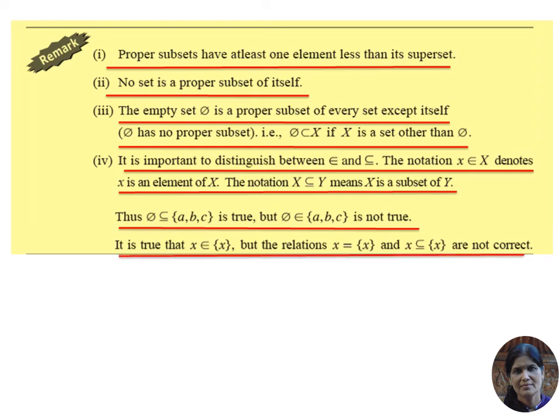It is true that x belongs to the set {x}, but the relations x is equal to the set {x} and x is a subset of the set {x} are not correct because x is an element.